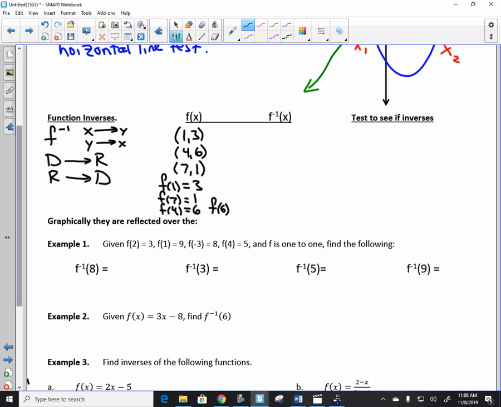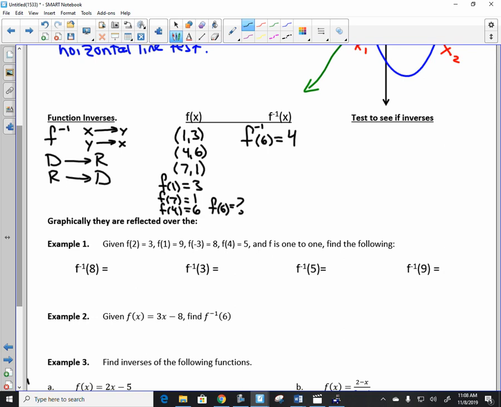Suppose I ask you f of 6. Is there an x value of 6 that can tell you the output? There's not. We don't know what that is. The inverse asks this. I'm going to do f inverse of 6. f inverse of 6 means, given a y value, what's the corresponding x value? It is 4.